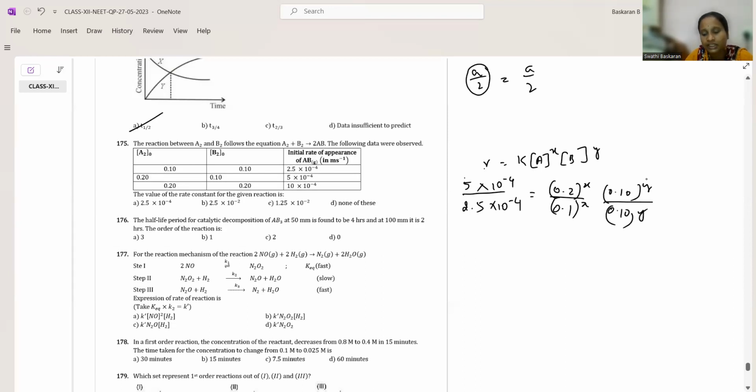So we need to always take the equations where the powers exactly match so that they get cancelled, and we will easily arrive at, at least, either the power of x or y directly, right?